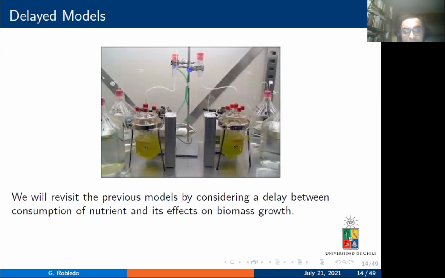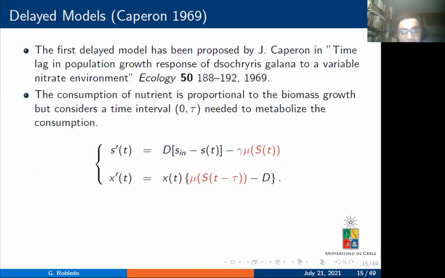In order to explain how we can consider delays in chemostat equations, the idea is the following. We can consider a delay between the process of consumption of nutrient and its effects on the biomass growth. The first model has been proposed by Caperon, which considers here the consumption and here the growth.